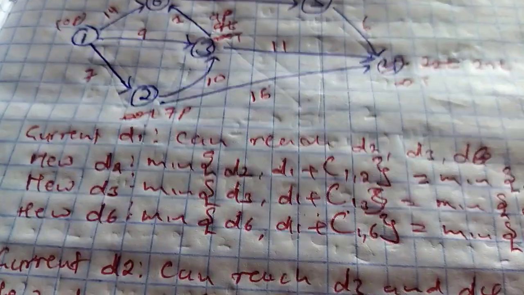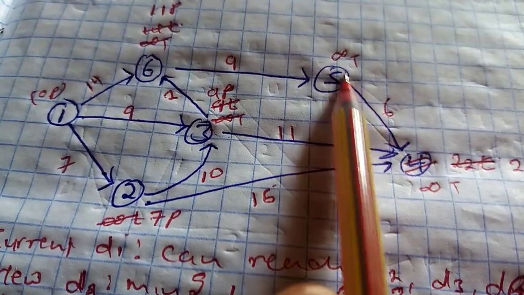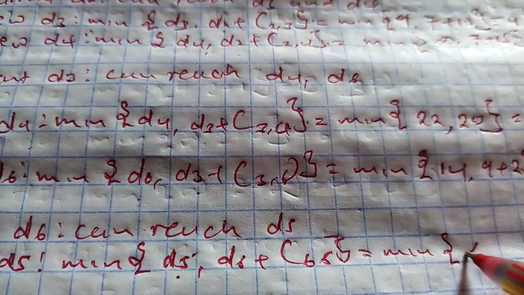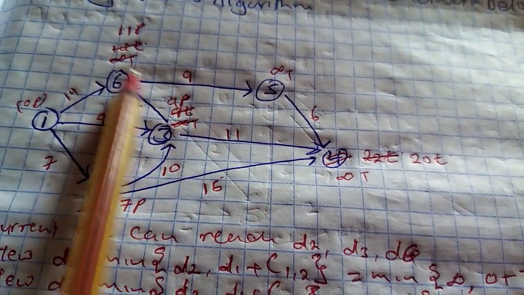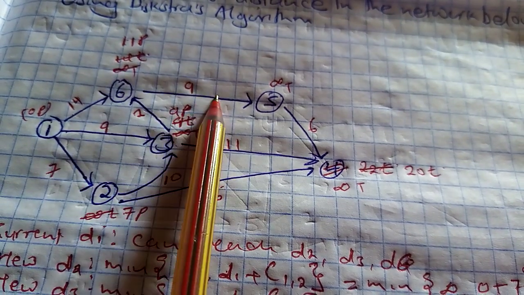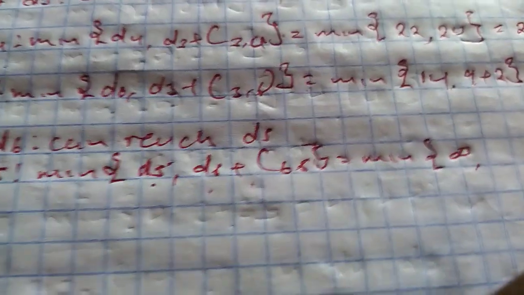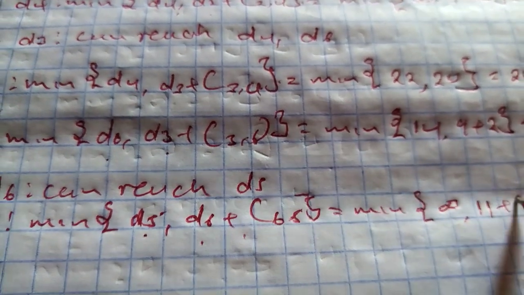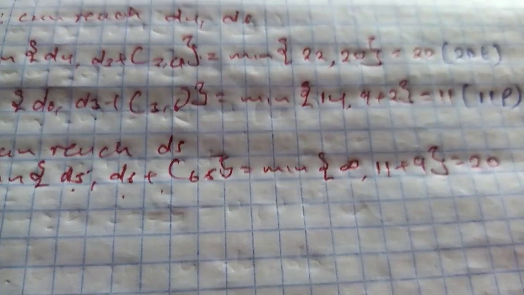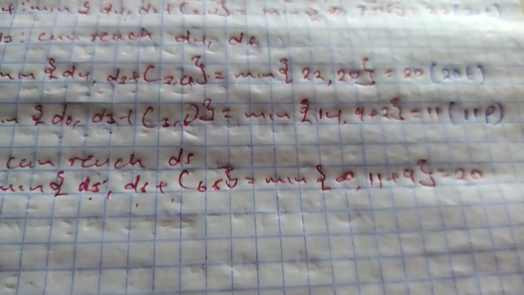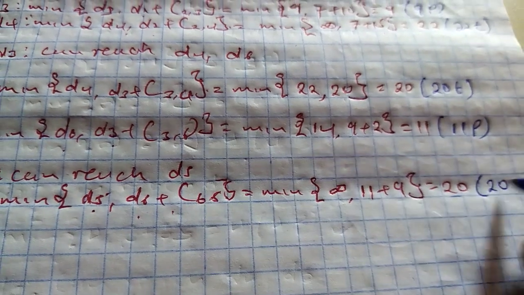We go to d5. D5 is infinity. D6 is 11 plus the weight here, which is 9. So it becomes 11 plus 9, which is 20. Because it is the only point, we identify it as 20P.